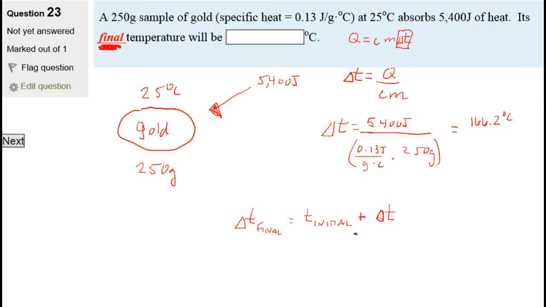If I do that, I will get my answer. The initial temperature is 25 degrees Celsius, and the change in temperature is 166.2 degrees Celsius. I'll get my calculator out here. It looks like I'm going to end up with 191.2 degrees.